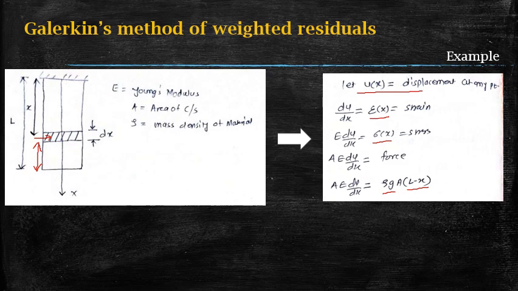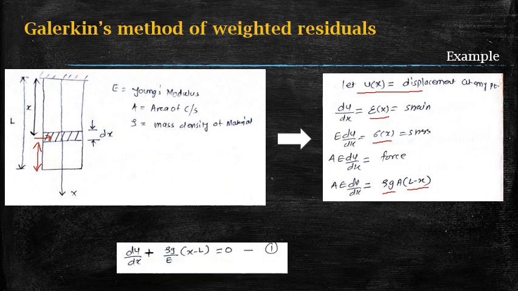So equating these two terms, AE into du by dx is equal to rho g A into (L minus x). It is quite simple, you can easily verify this. So the governing differential equation is du by dx plus rho g by E into (x minus L) is equal to 0.